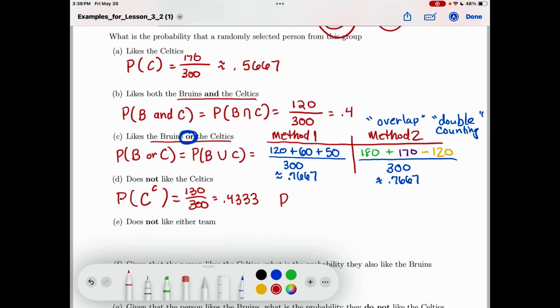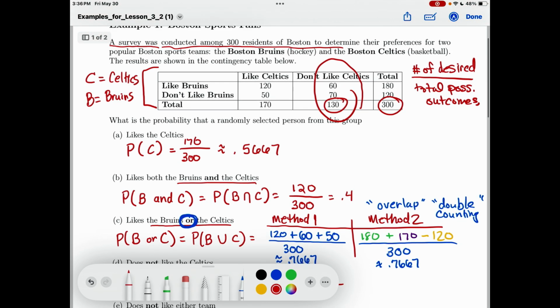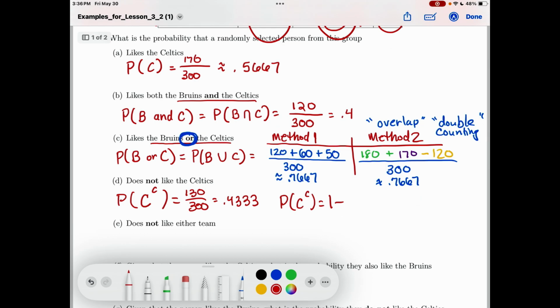Now, the other way that we could do that is take 1 minus the people that do like the Celtics. So all the people that like the Celtics is 170. So if I take 1 minus 170 over 300, I'm still going to get the same answer of 0.4333.